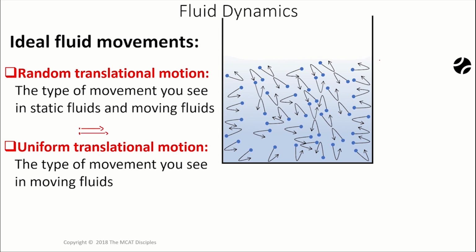So, let's say you have the static fluid. What generates that movement to begin with? Well, static fluids have a temperature associated with them, and if it's going to be a fluid, that means you're going to have some random kinetic energy associated with it. And so all these molecules are moving in random directions, and once you pop a hole into this little container, you're going to give them a pathway to flow down.